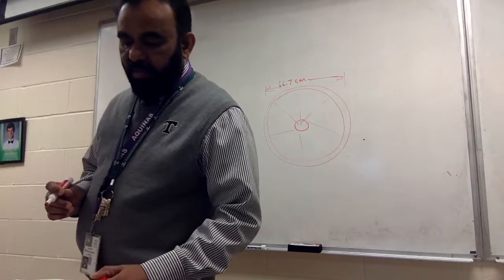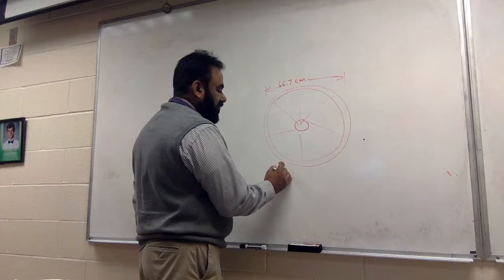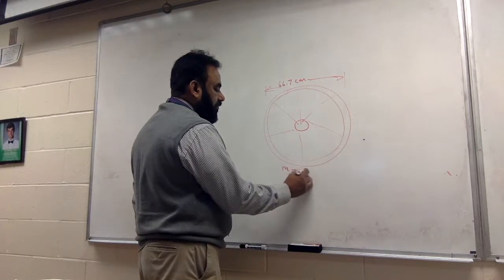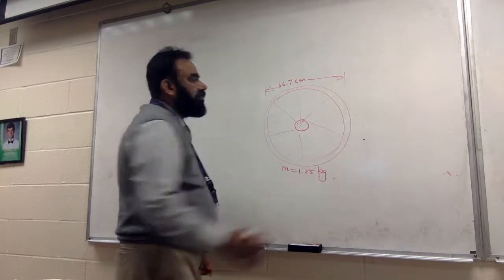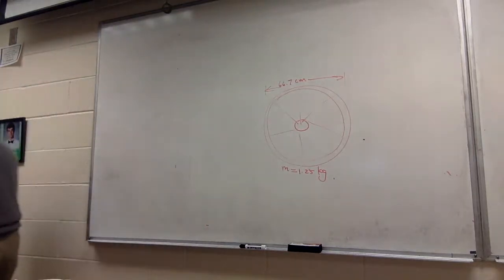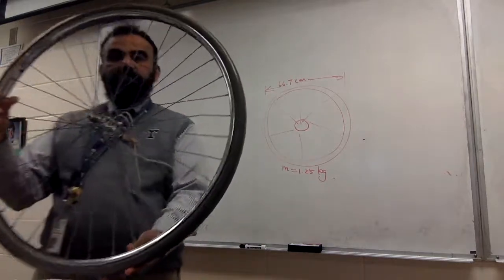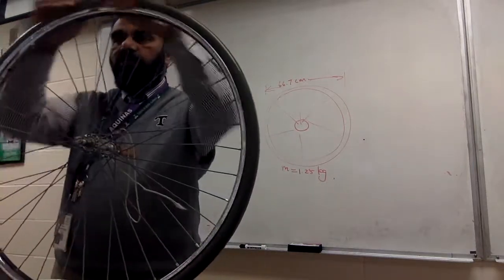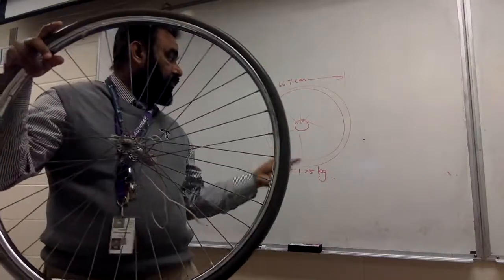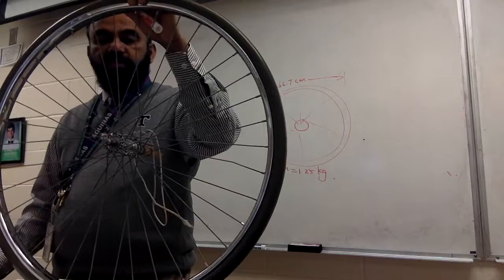The rim and tire have a combined mass of 1.25 kilograms. Go ahead. Tell me the moment of inertia of this bicycle wheel.